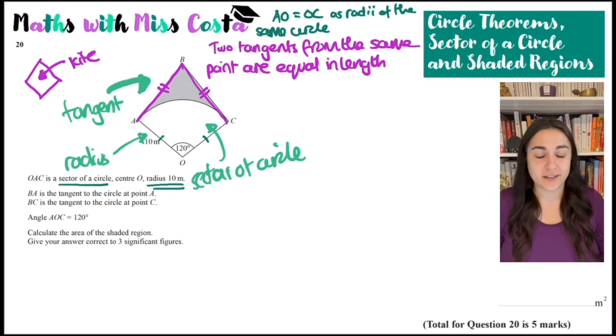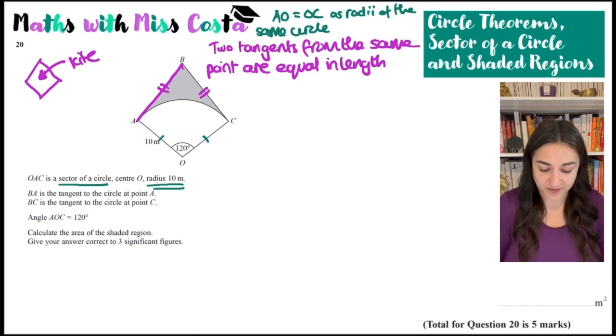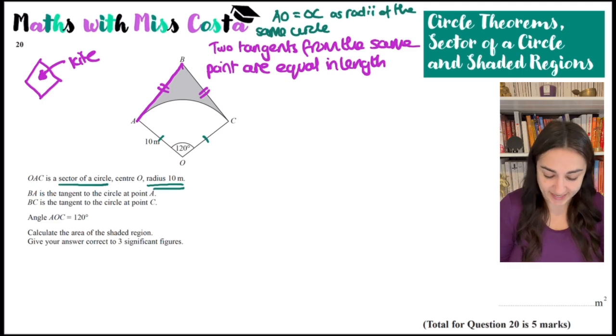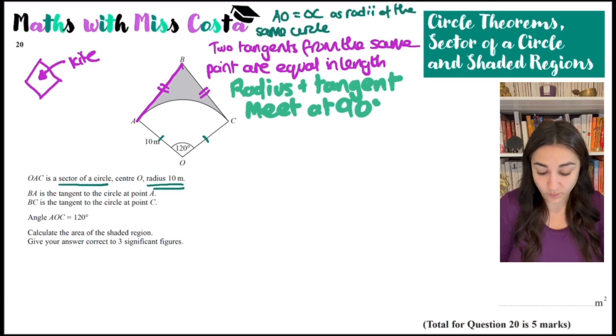So if you're looking at this question and you think, I don't know where to start, just think to yourself, do I know anything about a radius and a tangent meeting? And using circle theorems again, you know that a radius and a tangent meet at 90 degrees. Therefore, these angles here must be 90 degrees.